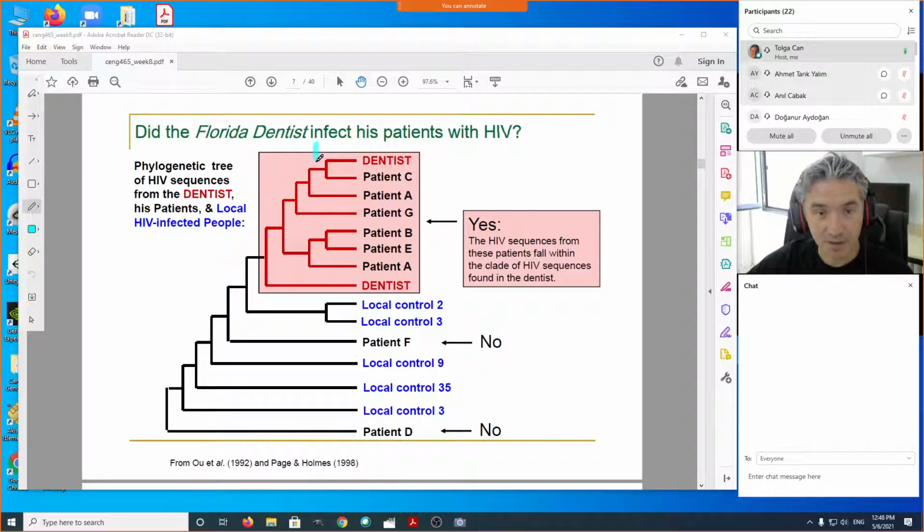If you, for example, cut it here, you see that the group of 8 is now divided into different groups. These 2 are more similar to each other, so they're in a single group. These 2 are also in a single group. Patient B and patient B are in a group together. If I cut it at a different level, you'll see local control 9 can also be put into the same group as this one.